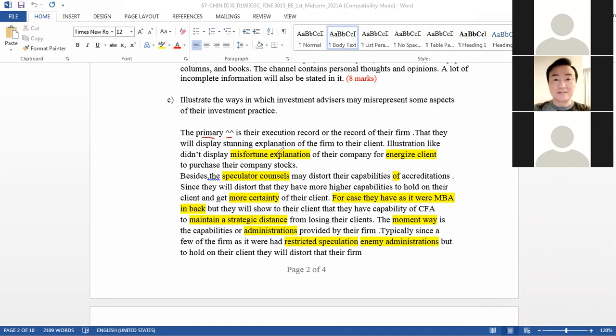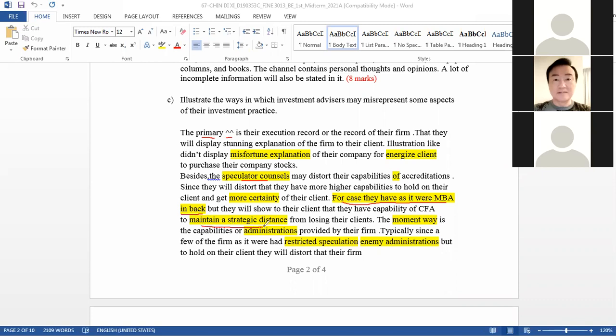Didn't display the misfortune explanation for energized client. This part is very bad, right? All these words that I highlight, speculator counsel. You know, for case they have, as it were, MBA in back. Wow, this is very bad writing.